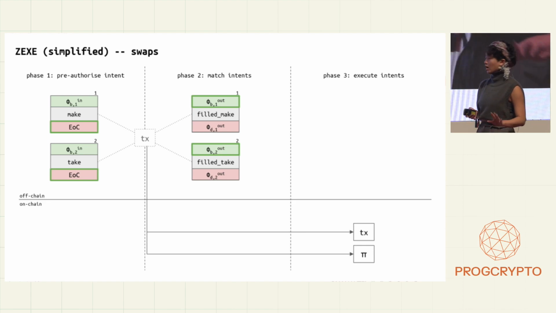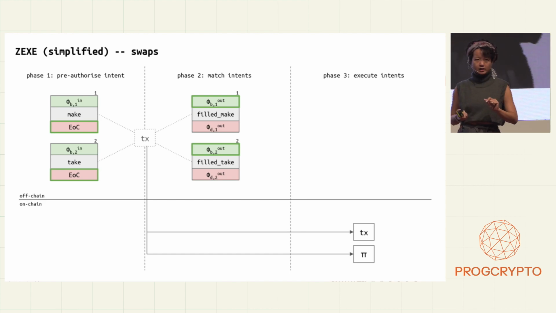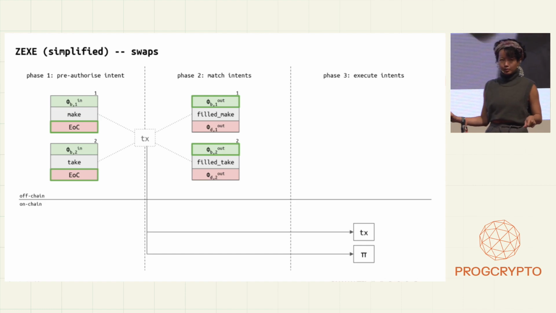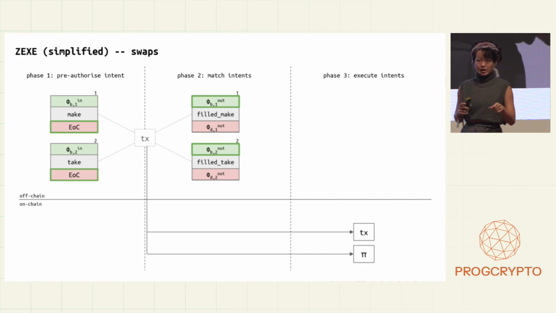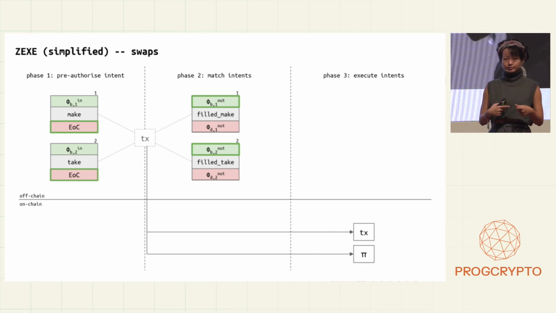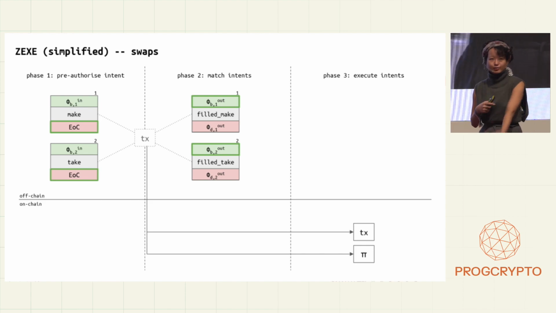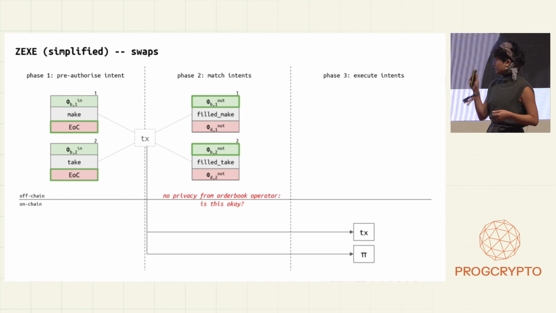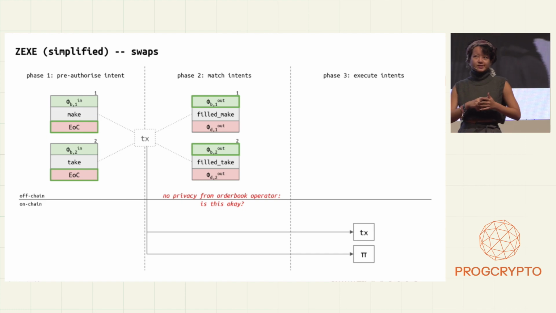And furthermore, the operator cannot steal these records because these records are gated by the death predicates. So the only way to consume these records is to actually fulfill the trade or cancel, meaning return them to their original owner. So yeah, there's no privacy from the order book operator, and the question here is, is this okay?